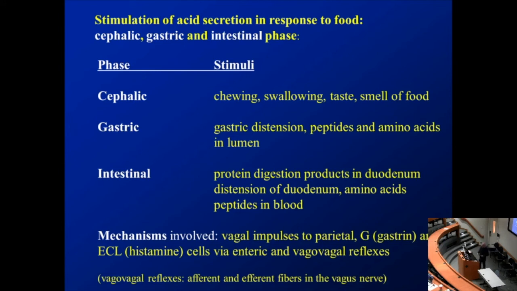This overall is a stimulus for acid secretion. But what is interesting is this first phase, the cephalic phase: chewing, before swallowing or swallowing itself, the taste, the smell of food, or even the thought of food can stimulate the acid secretion in the stomach.